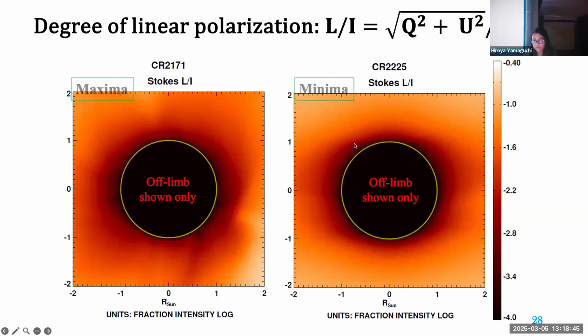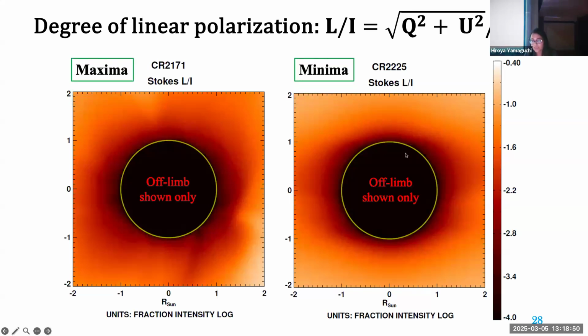So this is a still image showing the difference between the maxima and minima phase. In the minima, we can see a more dipolar structure, because in this phase we can closely approximate the Sun as a dipole model, whereas during the maxima phase there are so many structures around.